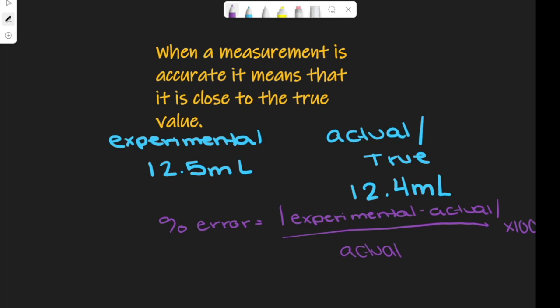Notice that on this equation, we have these hard lines. These mean that this is going to be an absolute value. So whatever you get for your experimental minus actual, you're always going to take the positive value of that. Now, you want your percent error to be close to 0. The closer to 0 it is, the more accurate it is.